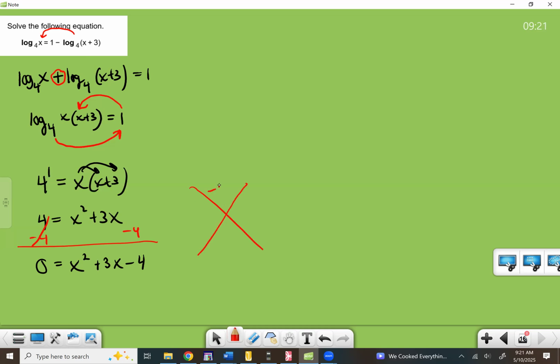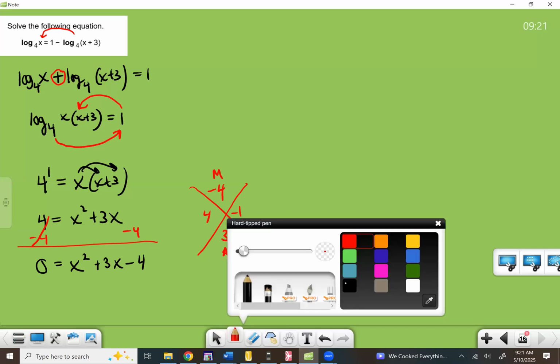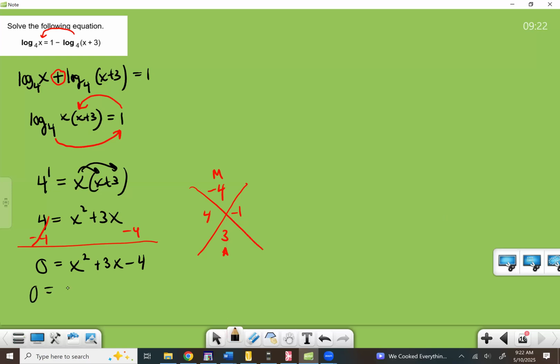So we're looking for something that multiplies to make -4 but adds to make +3. That's going to be 4 times -1. So this is going to become x plus 4 and x minus 1.